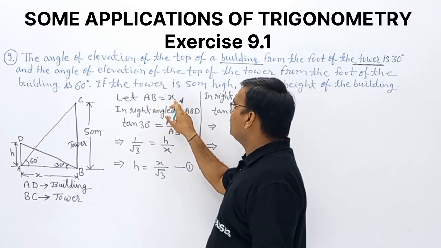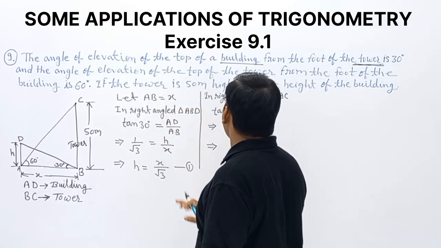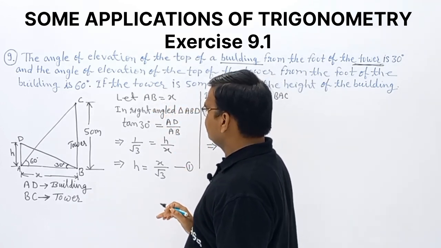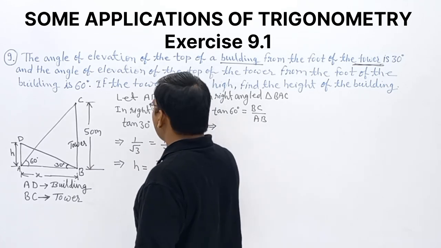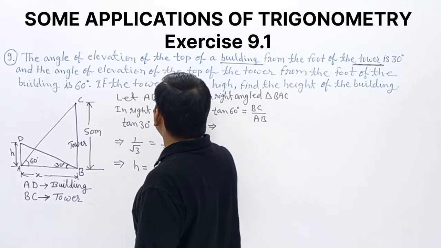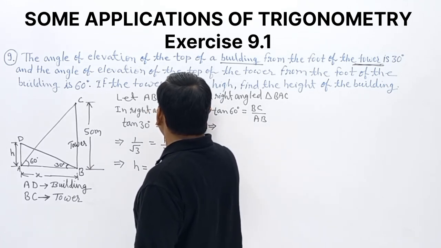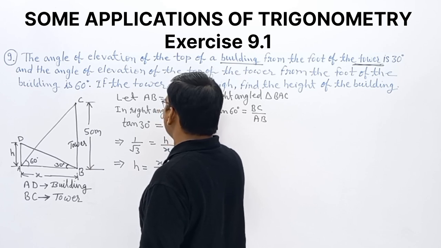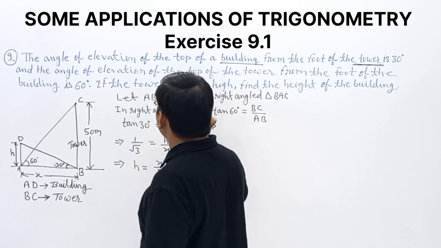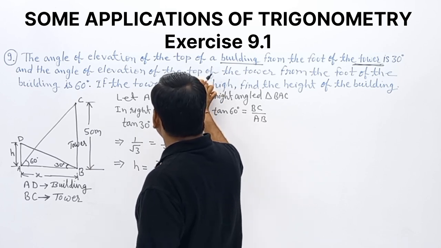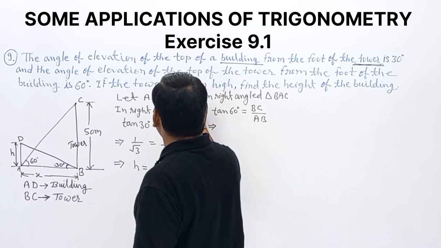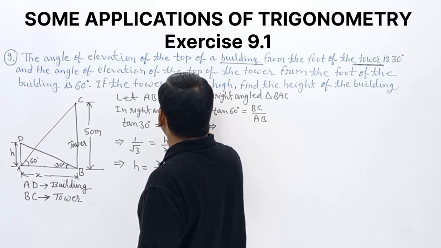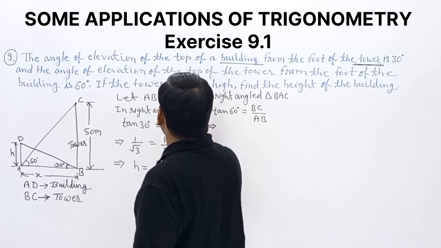Let AB equal x and h is the height of the building, and we can write AD. AD is the building height, and we assumed AD equal to h meter.